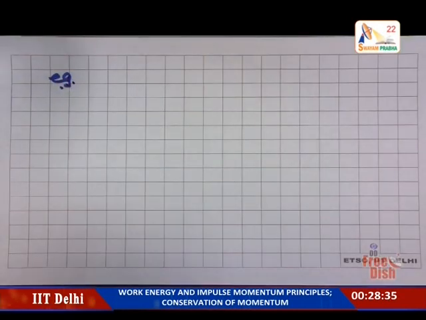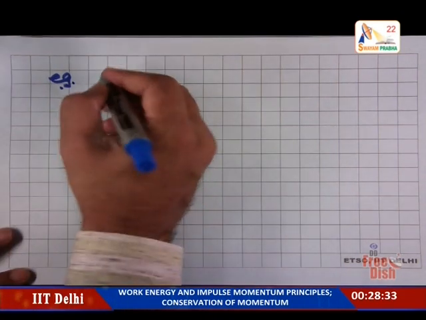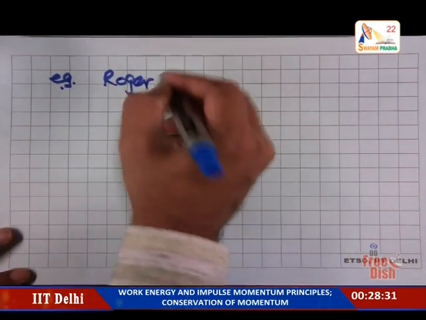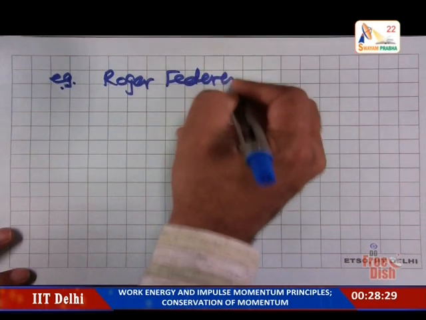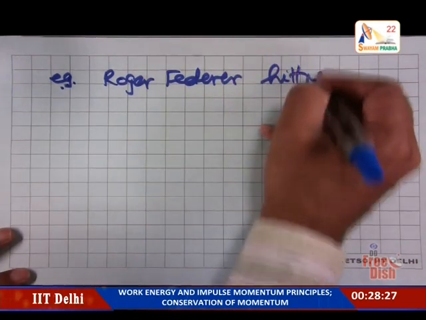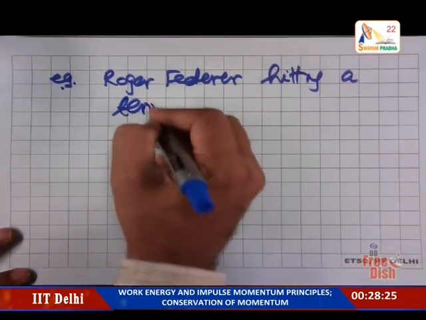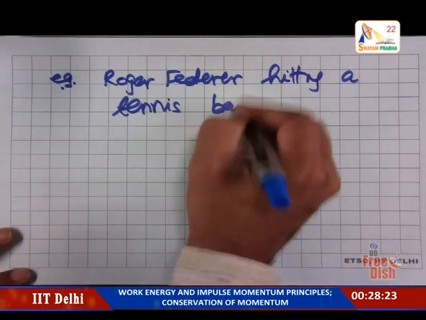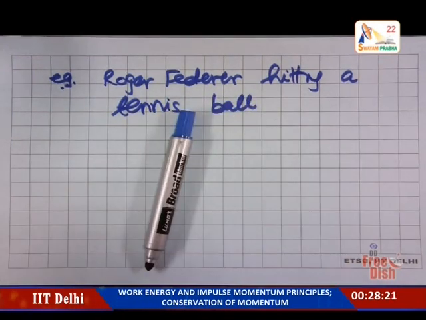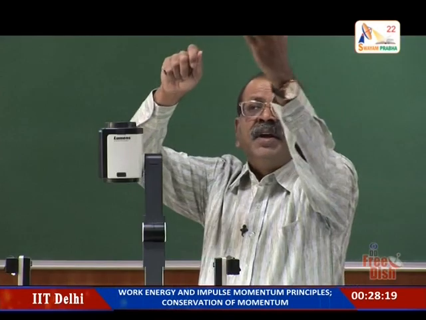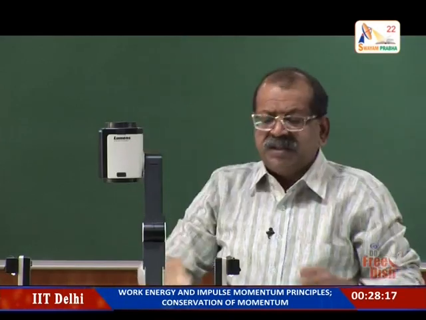Is this just a theoretical concept or is it a practical concept? Let us give a couple of examples, both of which are very similar. The first one, let us take the case of Roger Federer hitting a tennis ball. Let us say Nadal is serving, the ball comes and Federer hits the ball with his racket.